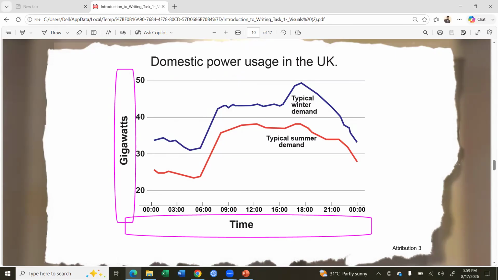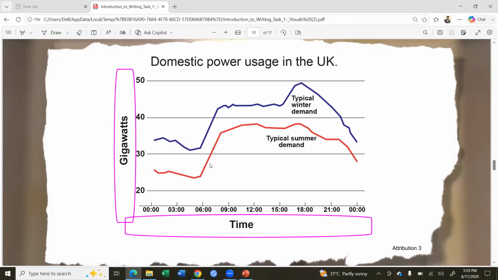So if you look at 3 a.m., right? So it's between 20 and 30, right? Gigawatts in summers. But if you look at the same data at the same time in winters, so it is around about 30 gigawatts, right?